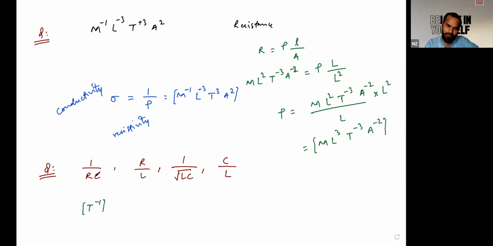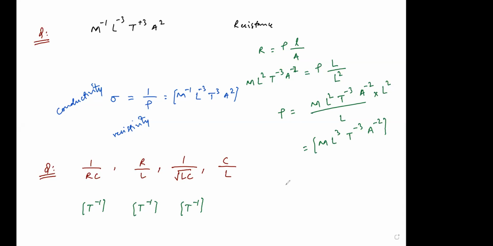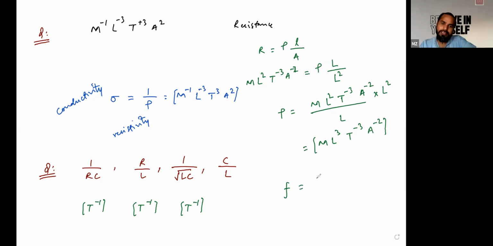If you calculate the dimension of this part, it would be T to the power -1. Similarly, for this particular term, it would again be T to the power -1. But one has a different dimension than the whole. And as we know, frequency is the reciprocal of time period.